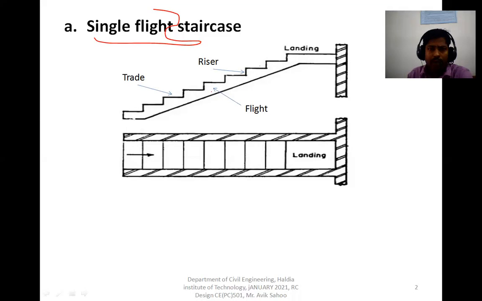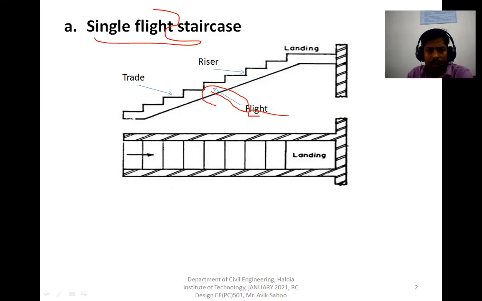So you see that this inclined portion of the stair is called the flight. Then you see that over the flight, the steps are constructed. So steps are supported on the flight, and this is the landing portion.